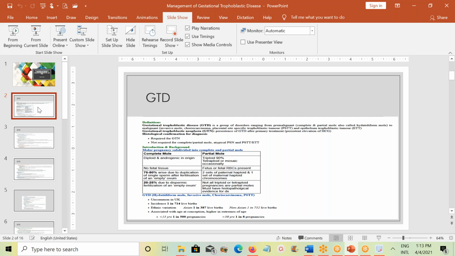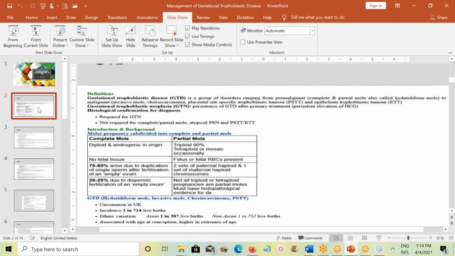Then in these conditions, we need histological confirmation. Why is it required? Because basically we are trying to exclude any gestational trophoblastic neoplasia. That is the exam point. So that's why we want to exclude that, and we are talking about the histological examination.